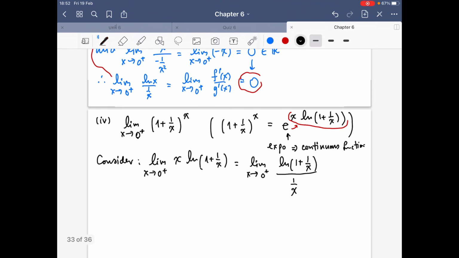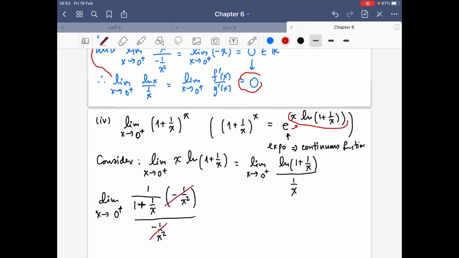However, another argument that you need is: what is the limit of your f prime over g prime. Your f prime will be 1 over 1 plus 1 over x, and a derivative of the inside using the chain rule, and this one, a derivative of 1 over x, is negative 1 over x squared. So actually these two terms cancelled, and the limit goes directly to this 1 over x, which is 0, so you got 1.